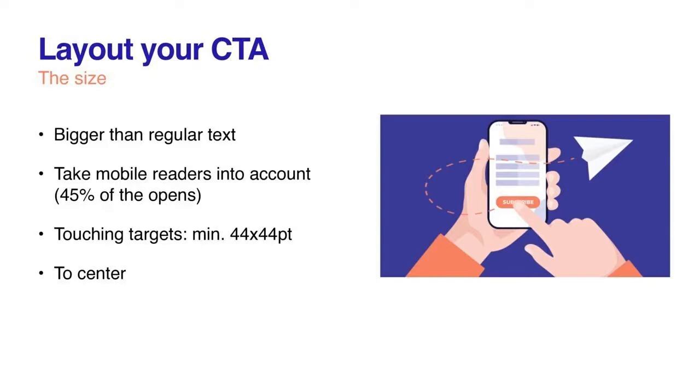A CTA should stand out from the rest of your email, so it should certainly be bigger than your regular text. Take the mobile readers into account. More and more readers switch to mobile. As of today, 45% of the opens happen via a mobile device. This also has a big influence on your CTA.